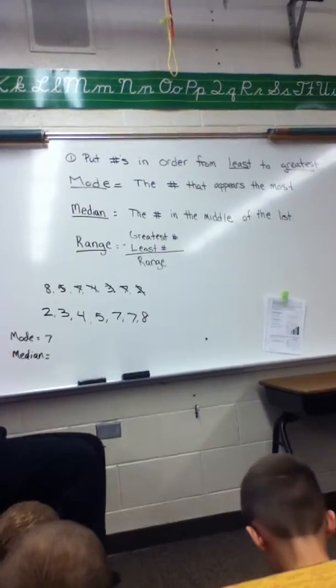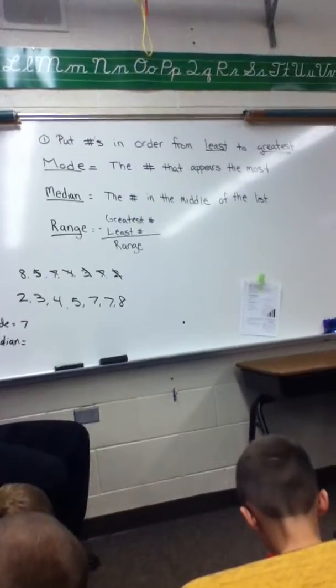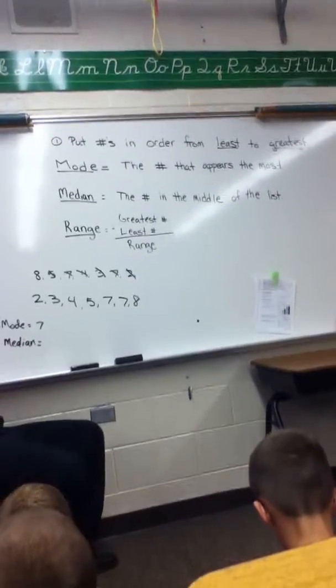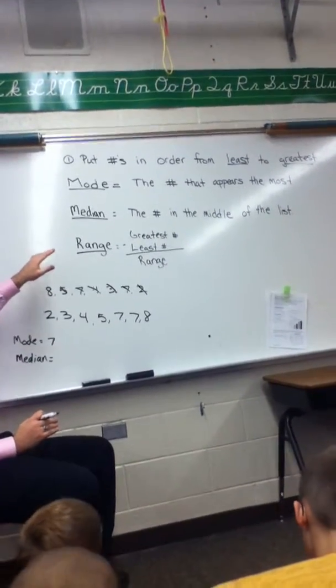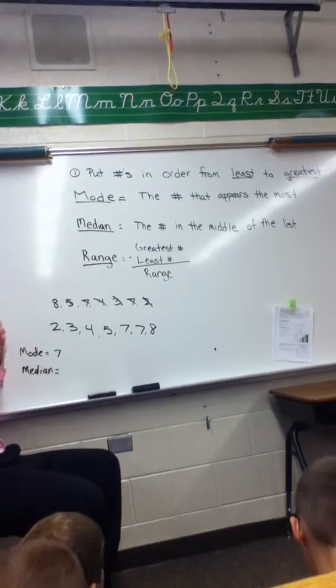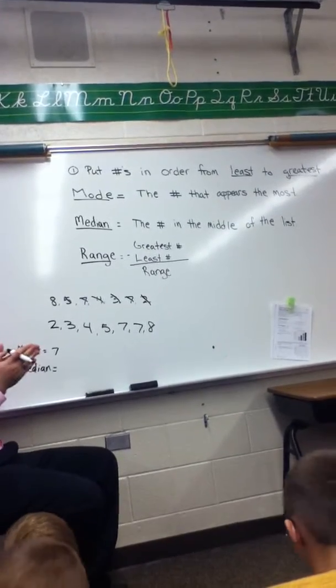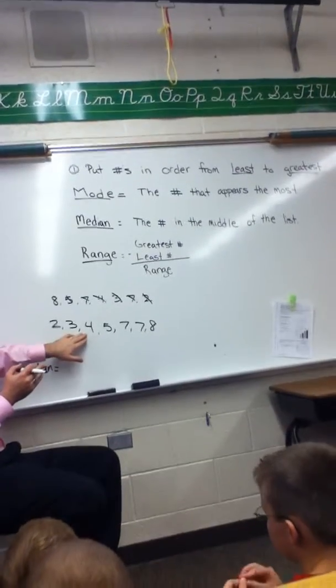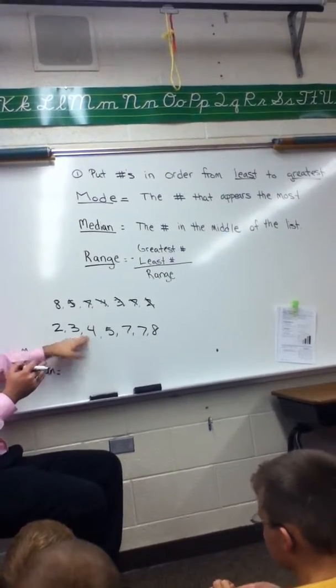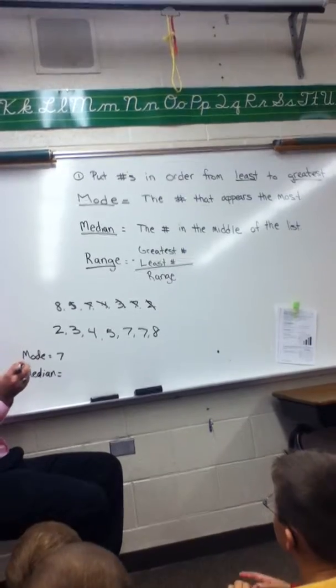The median. The way I always remember median is that it reminds me of medium, or kind of right in the middle. And that's exactly what median is. It's the number that is in the direct middle of the list. This is why it's so important to put these in order from least to greatest. You have to find the number in the middle.